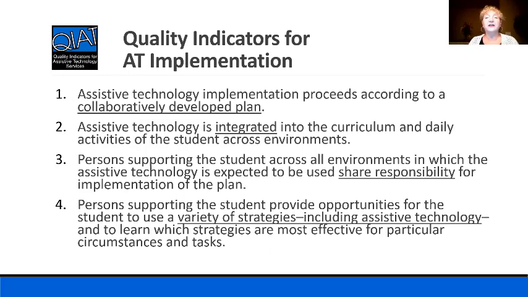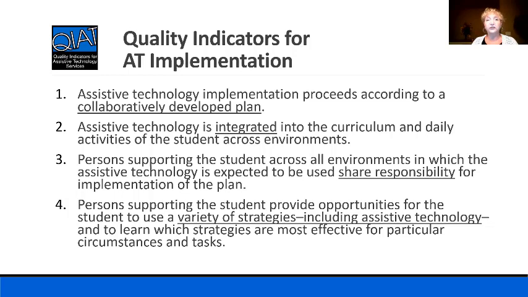In each of the areas of the Quiet indicators, we look at the different indicators that spell out what's going on in that area. And in this area of assistive technology implementation, there are 7 different indicators.